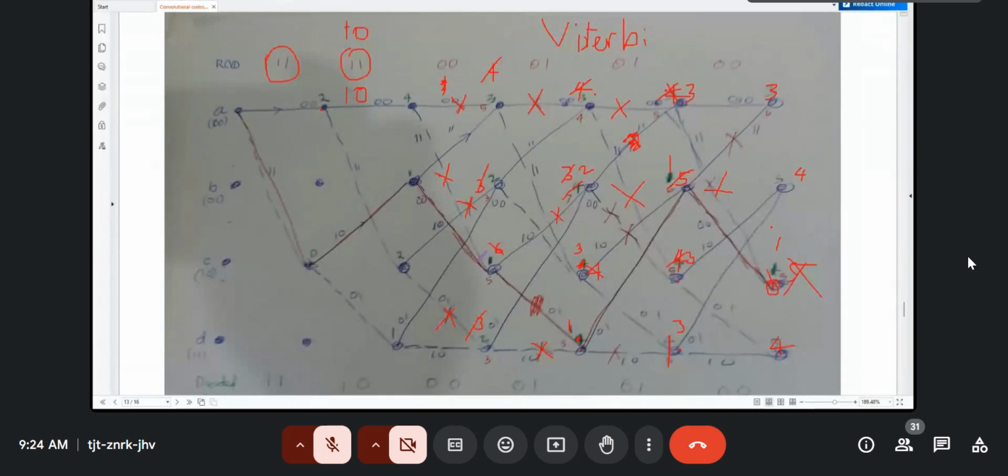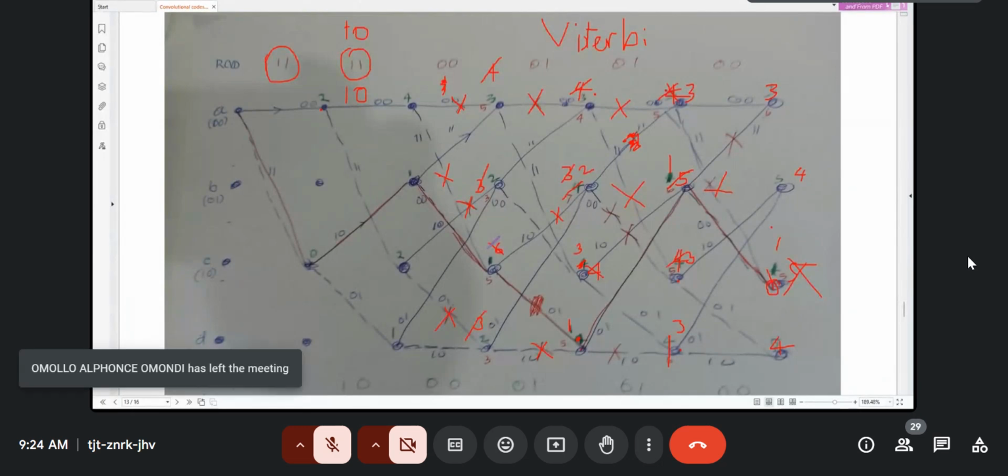It will plot the path by comparing what it has received and what it is supposed to receive, and calculate the metric. Then add the metrics. It's a very simple decoder.